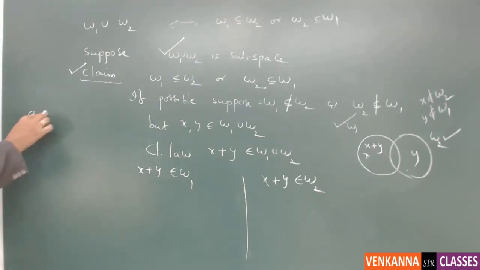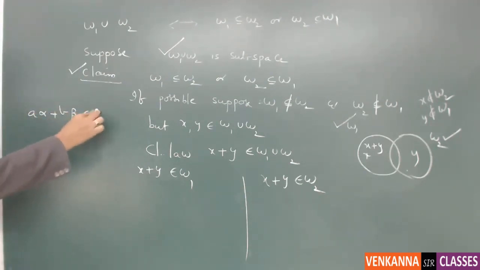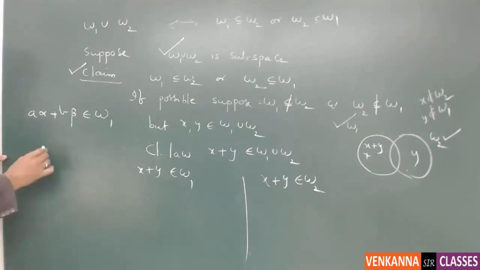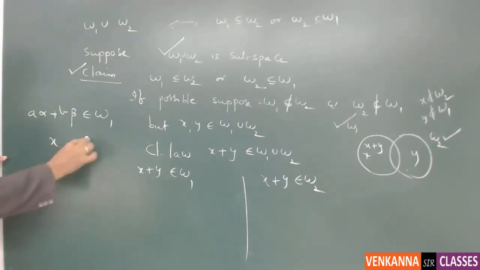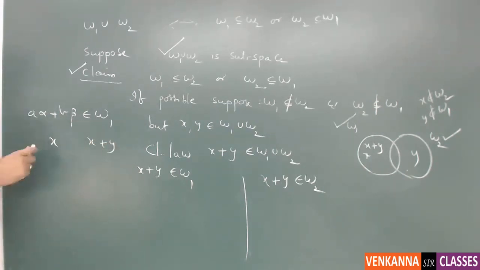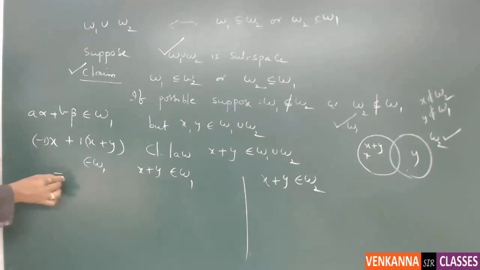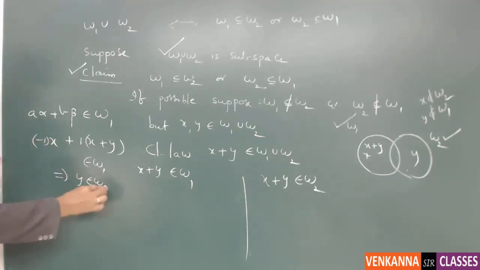So since a alpha plus b beta belongs to W1, alpha, beta are vectors, a, b are numbers. I will say alpha as X, beta as X plus Y. And I can take any kind of numbers. So I will take a as -1, b as 1. So a alpha plus b beta must belong to W1. So from this, Y must belong to W1. Is this correct?